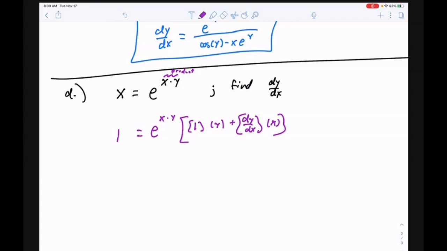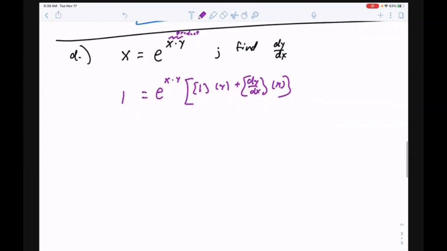Now it's just algebra. There's actually multiple ways of doing this problem. What's the easiest way to do my next step? There's only a single dy dx term. So what do I do? Do you subtract?